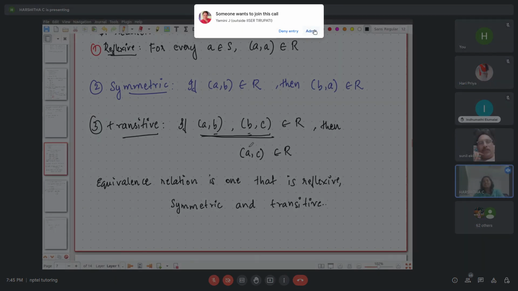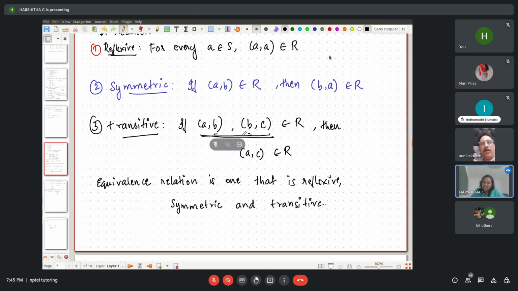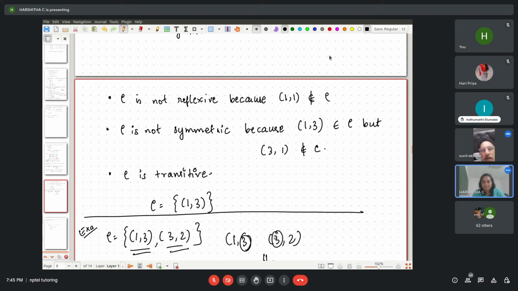Exactly. It will always be transitive because you don't even have two elements satisfying this condition. We are saying if you have two elements satisfying this, then a third element of this form should be there. So yeah, you rightly pointed out that if you have a relation with a single element, it will be transitive.